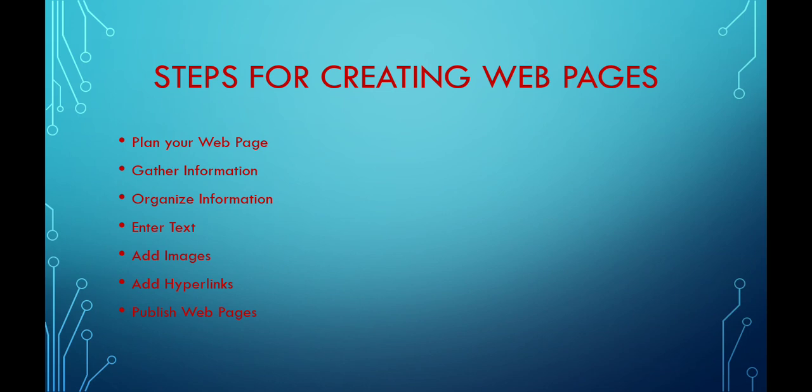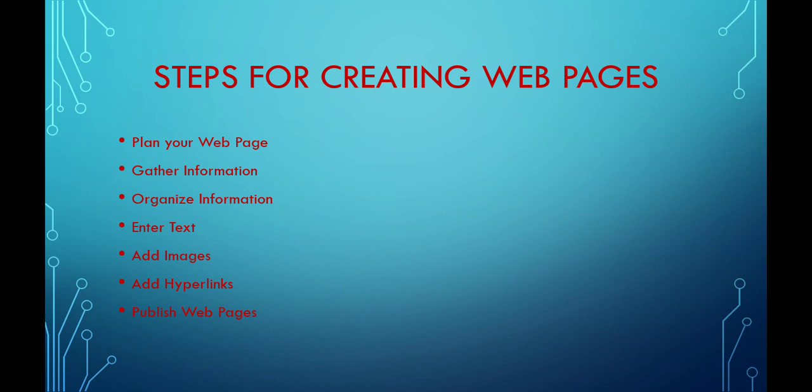Then add images. Wherever you want to add images, first of all you have to decide which image you want to put on your web page. After that, you have to collect all images and insert them according to your plan, and they must be related to that page.